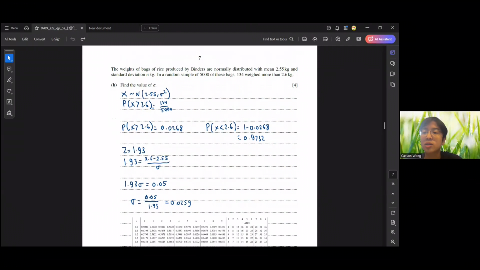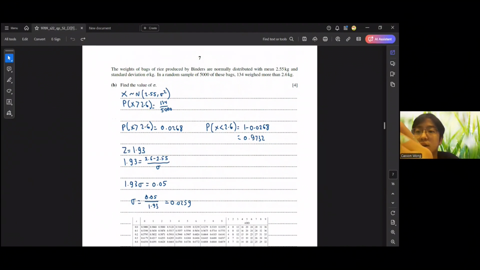The weights of bags of rice produced by Binders are normally distributed with mean 2.55 kg and a standard deviation. In a random sample of 5,000 of these bags, 134 weighed more than 2.6 kilograms. Find the value of the standard deviation.